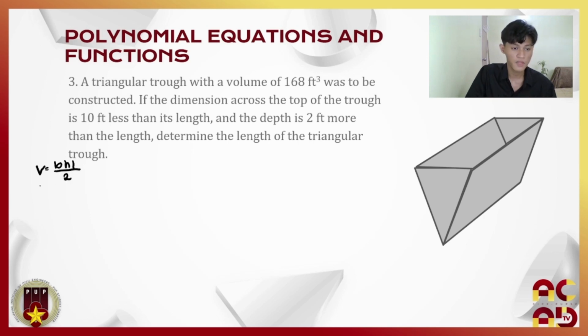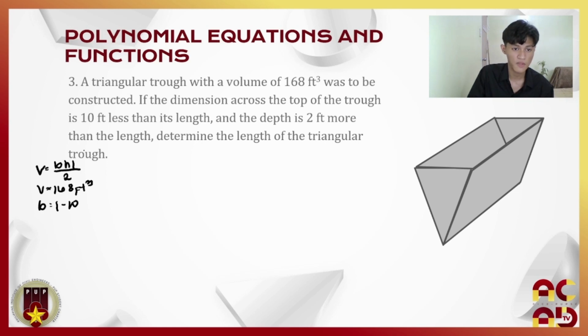Given ang ating volume na 168 feet cube, so lalagay natin siya dyan sa given. And ang ating base, which is L minus 10. So saan natin makuha yung L minus 10? So the dimension across the top of the trough is 10 less than its length. So pwede natin i-treat yung dimension across the top as our base.